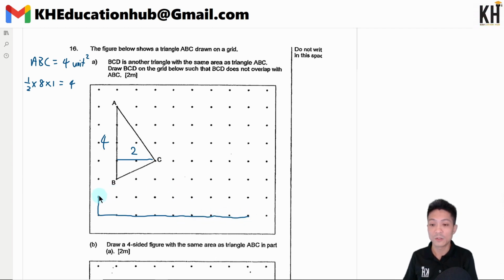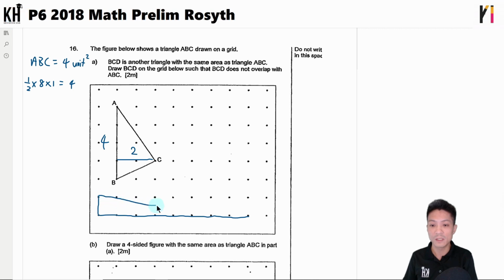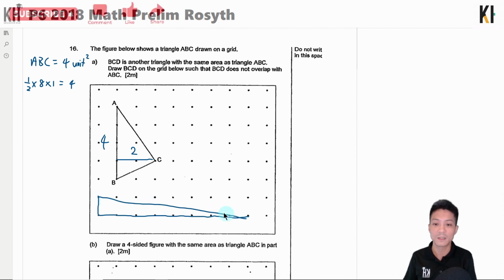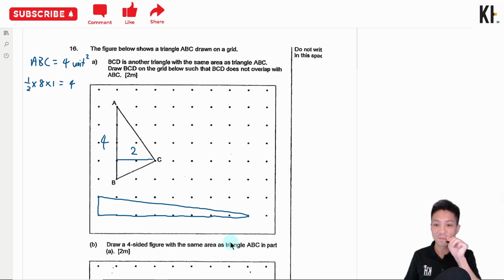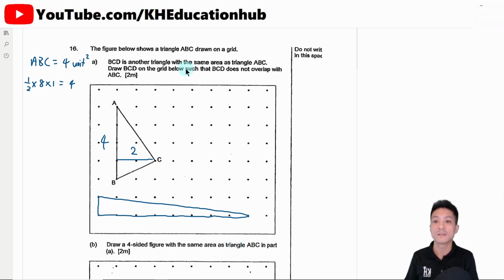If you're drawing this on paper, I think it'll be easier because you're supposed to join from here to here. I think I did a bad job. Let me try again. Yep, something like this will be your answer for part A.